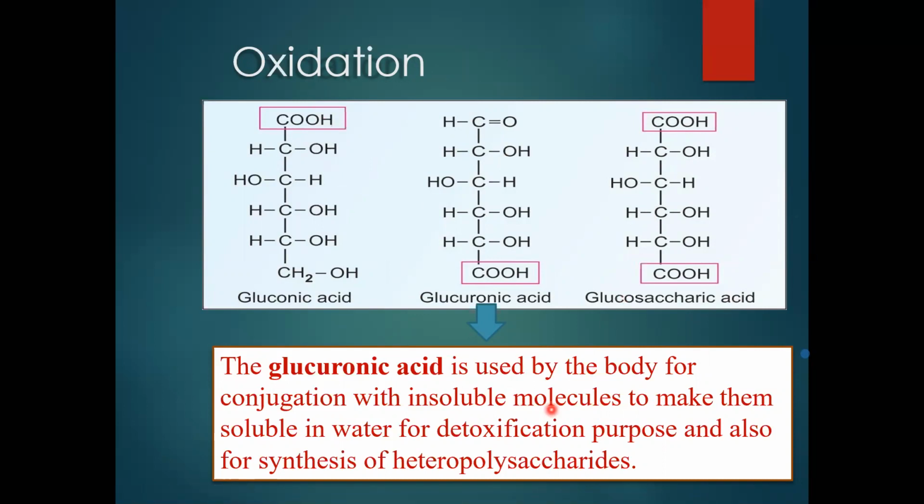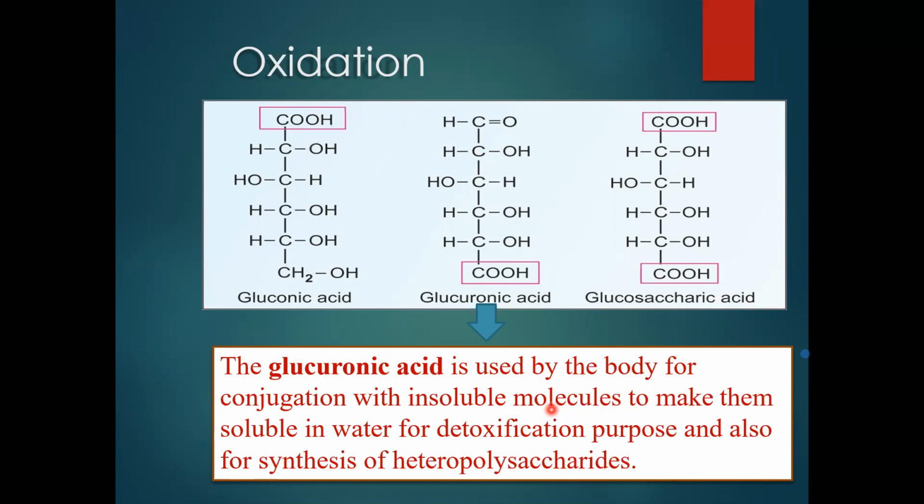Now, what are we concentrating on? If a glucose molecule having a CHO group at the top and CH2OH group at the bottom reacts with a mild oxidizing agent like hypobromous acid, bromine in water, the aldehyde group is oxidized to a carboxyl group to produce what is known as the aldonic acid, which is gluconic acid.